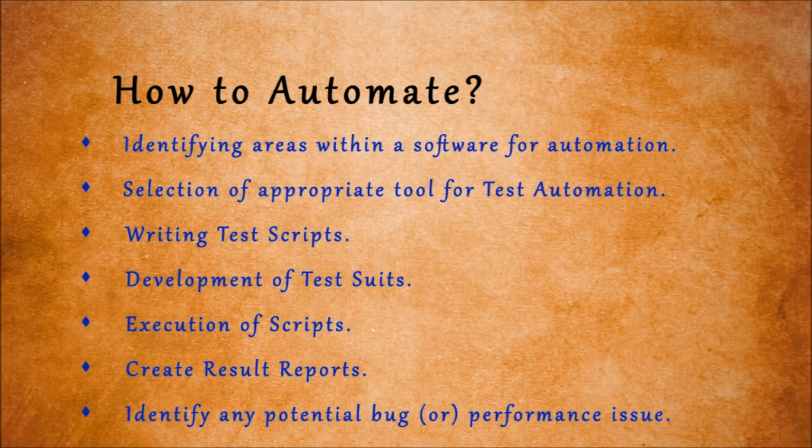Next one is how to automate. Automation is done by using a supportive computer language like C# scripting and an automated software application. The steps are identifying areas within a software for automation, selection of an appropriate tool for our test automation, writing test scripts, development of test suites, execution of scripts, creating result reports, and identifying any potential bug or performance issue.